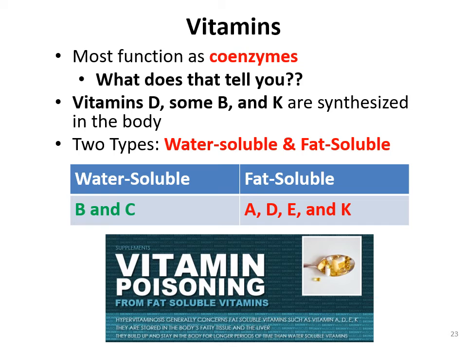Now that means that if you take too many of those, whether it's in your diet or in supplements, they can accumulate in your body, they get concentrated, and then it can end up being toxic to you. So you could end up overdosing on them or getting vitamin poisoning. So please make sure you know which of these vitamins on this slide are water-soluble and which are fat-soluble.